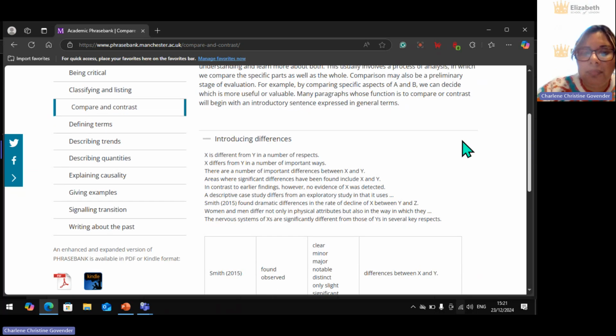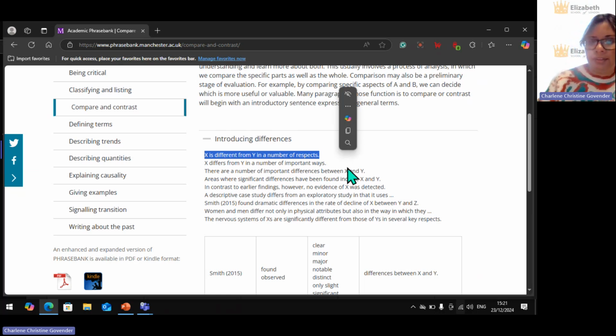Let's look at compare and contrast, introducing differences. For this, the first sentence is: X is different from Y in a number of respects. So I've got two placeholders here, X and Y. They are both placeholders, however, it will be when we are comparing two different topic matters, okay? So let's say we are talking about goats, males and females.